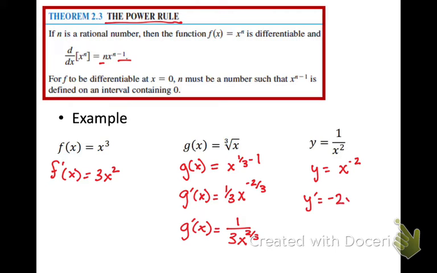Negative 2x to the negative third, because minus 1. And then we have to make it nice and pretty as what? Negative 2 over x to the third.